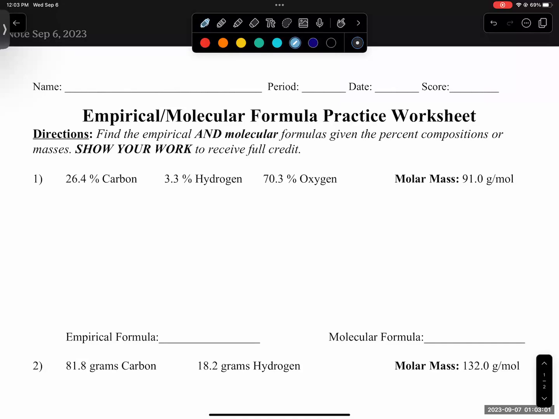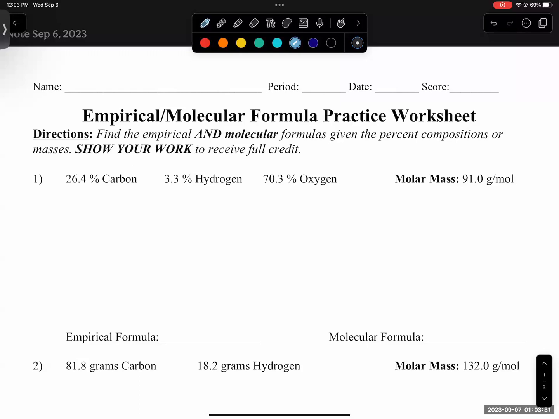Something you said was very intriguing though. You said convert the percent to grams, but it's going to be the same number. Why'd you say it was going to be the same number? Is that out of 100? Well, they all have to add up to 100%, but when you convert from percents to grams, the easiest thing to do is to assume a 100-gram sample.